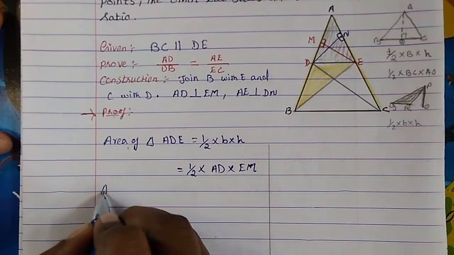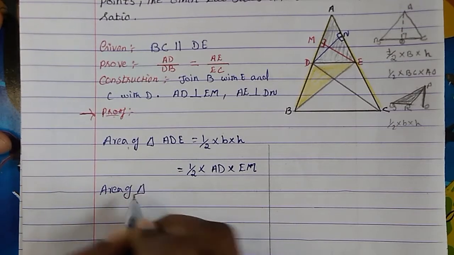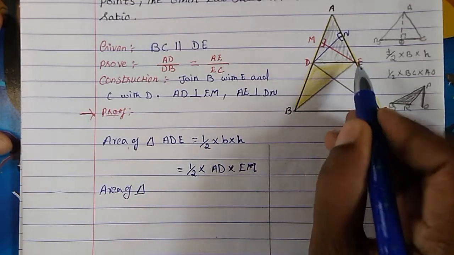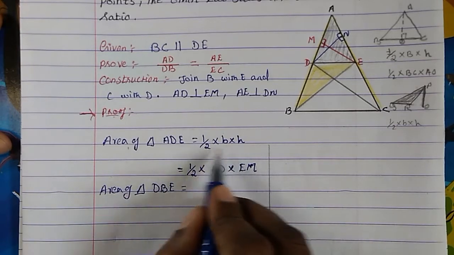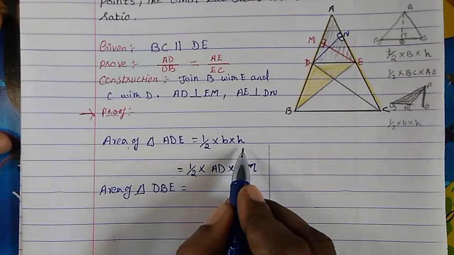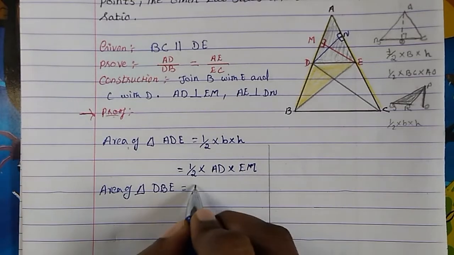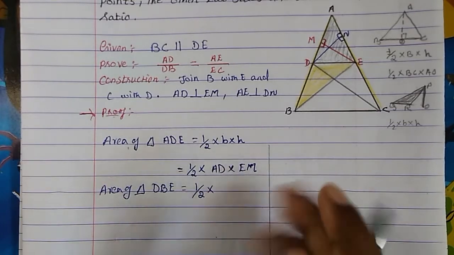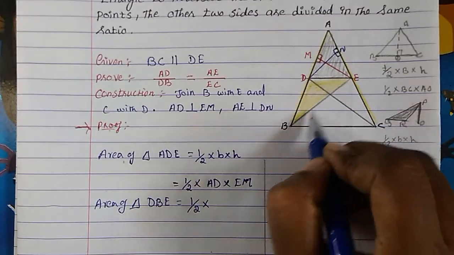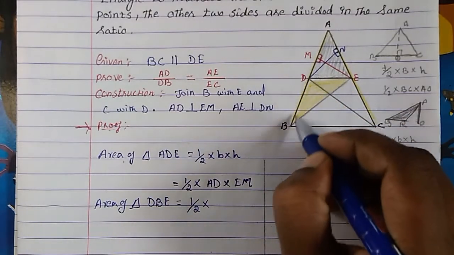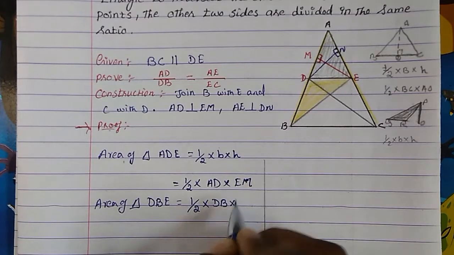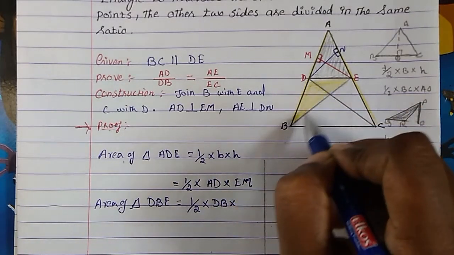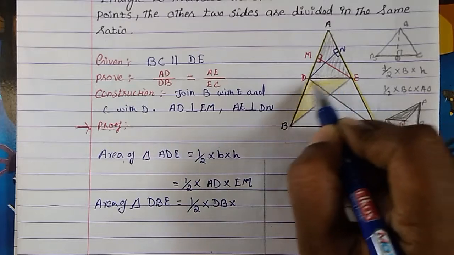In the same way, area of triangle DBE. The formula remains the same: half into base into height. So half into base. What is the base for this? Here the base is DB. So DB into height. For this, there is no perpendicular inside.